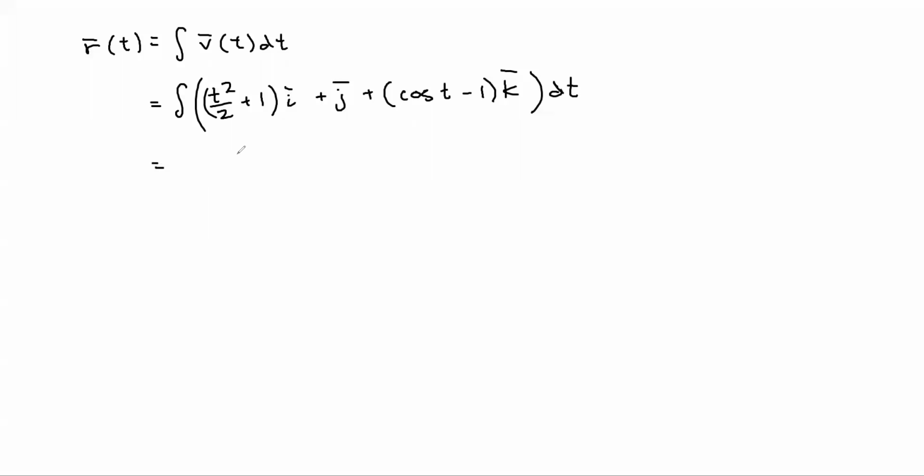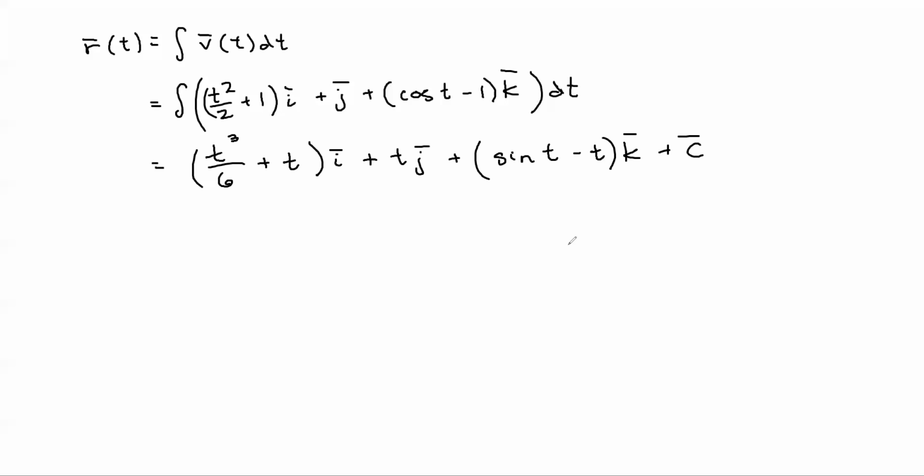To do that, the antiderivative of t squared over 2 is t to the third over 3 times 2, which is 6. The antiderivative of 1 is t. The antiderivative of cosine is sine, minus t.